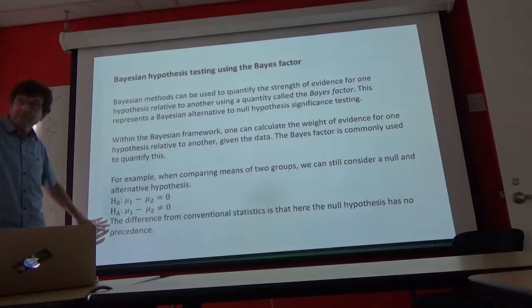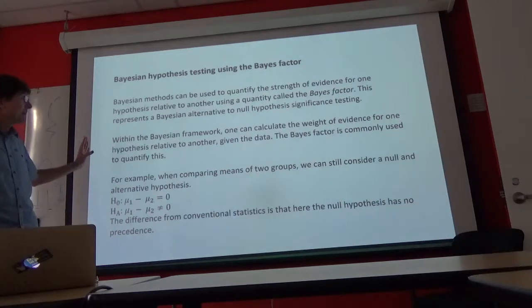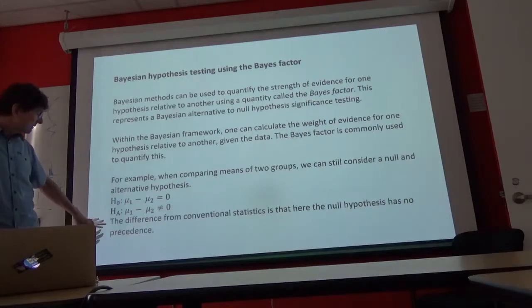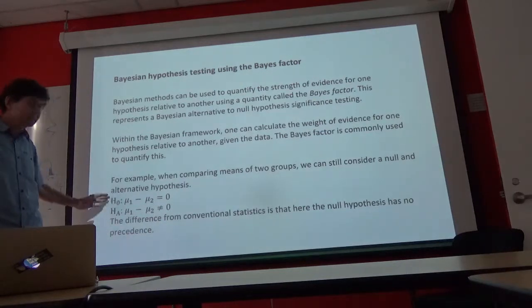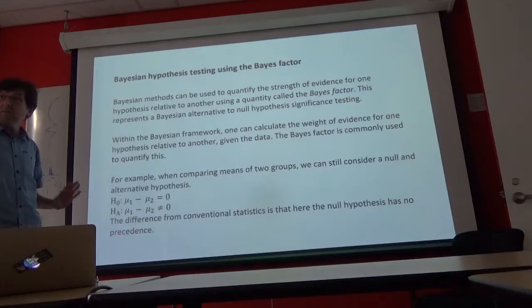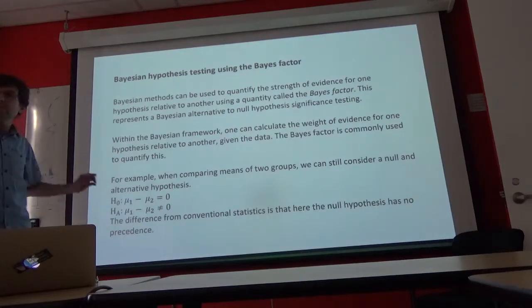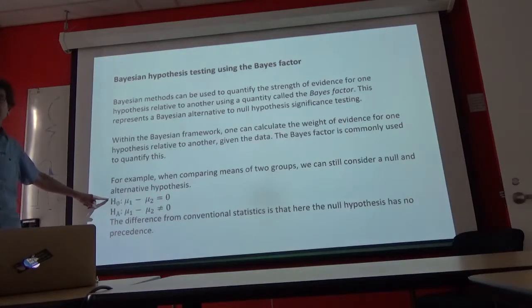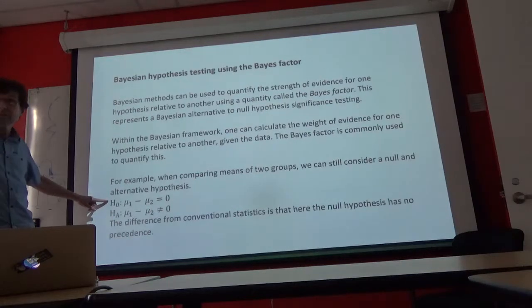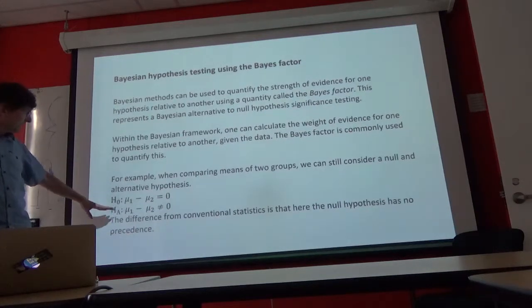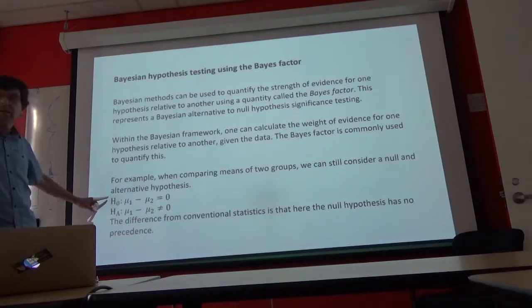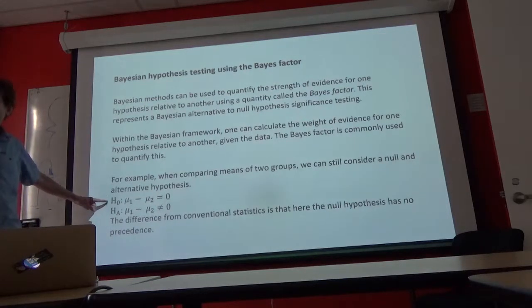Okay, so the one difference between Bayesian hypothesis testing and conventional null hypothesis significance testing is that there's no precedence. Under null hypothesis significance testing, only one of these two hypotheses is tested, and that's the null. Nobody cares what the alternative looks like. It's under the null that you calculate p.